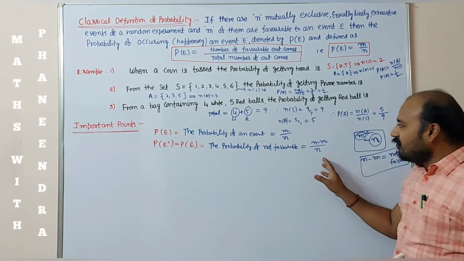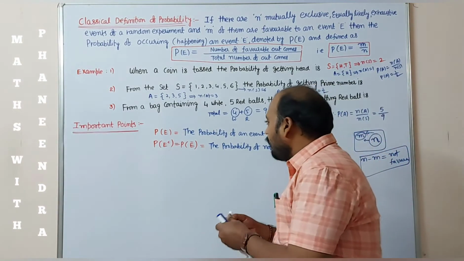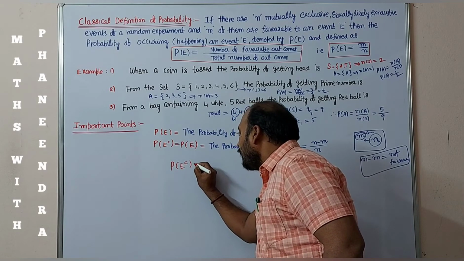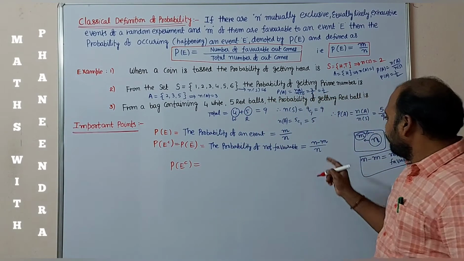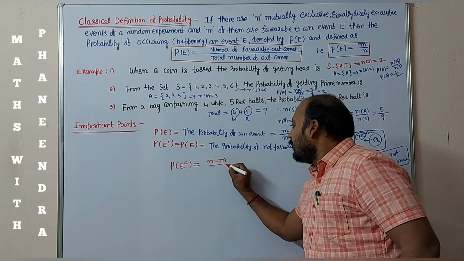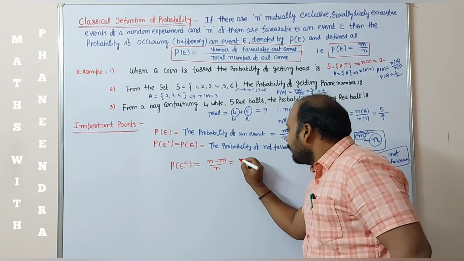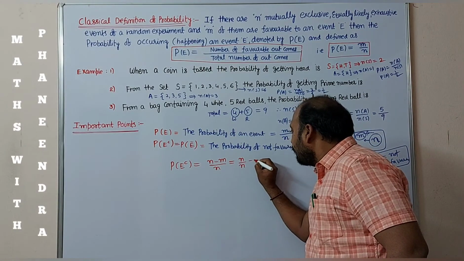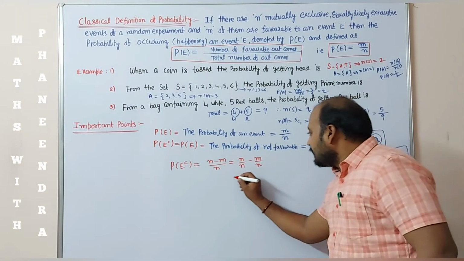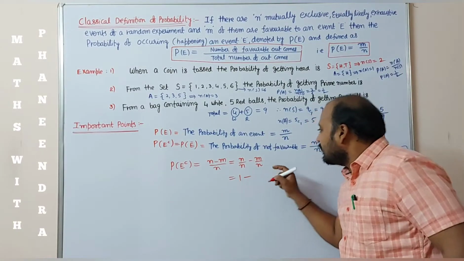From here we will define, observe carefully. P of E bar, or E complement, is equal to n minus m divided by n. So we can write it as n by n minus m by n. That is equal to 1, since n by n means 1, minus m by n.